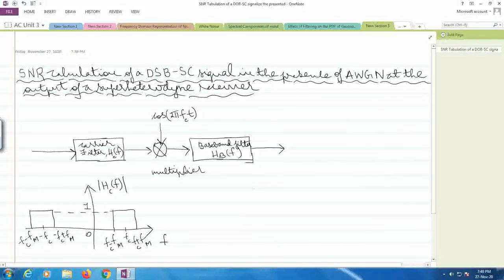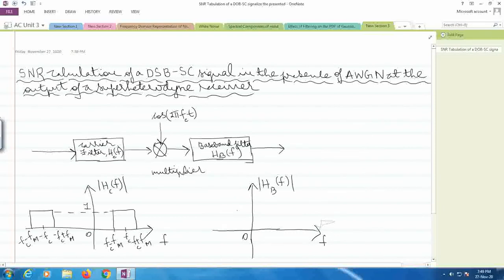Alright, now let us have a look at the transfer function or the frequency response of the baseband filter. Now the baseband filter is supposed to have a bandwidth which is equal to the bandwidth of the message or the baseband signal.